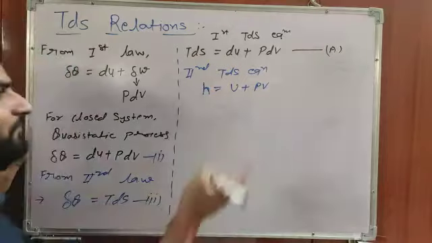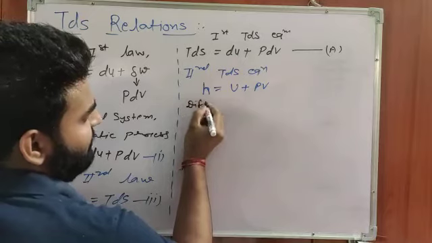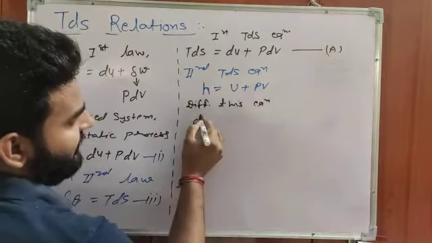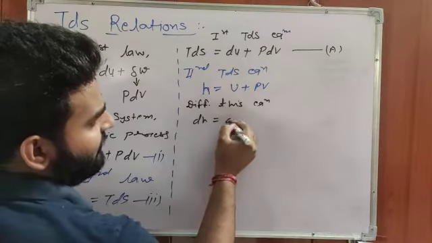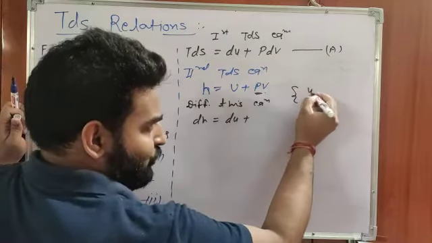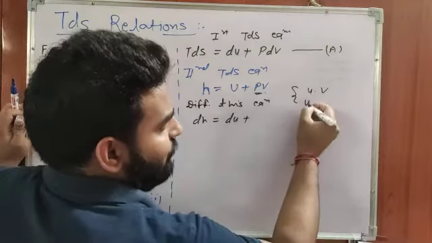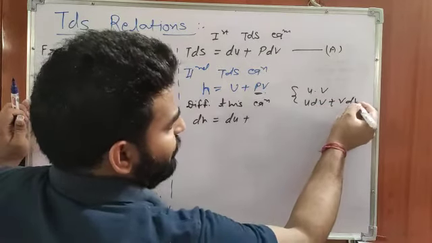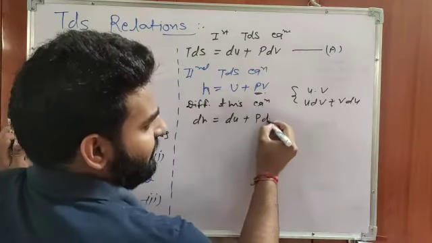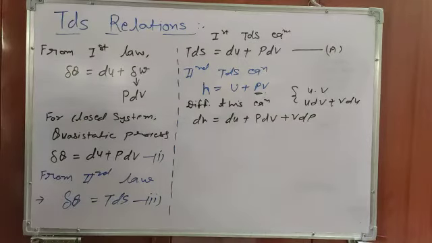Now if we differentiate this equation, we can write dH is equal to dU plus the differentiation of P into V, which is P dV plus V dP.